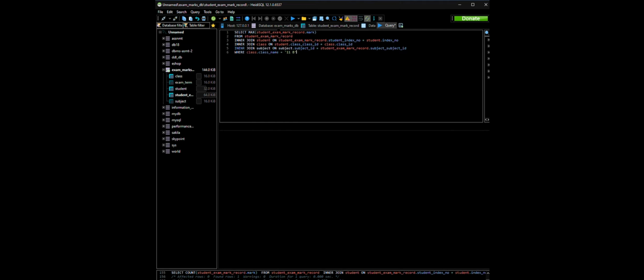And the subject name is Sinhala language: subject dot subject name is equal to Sinhala language and literature. Alright, so let's find this max mark.